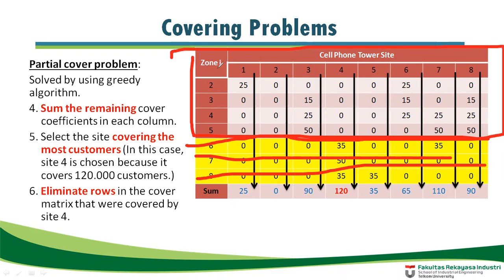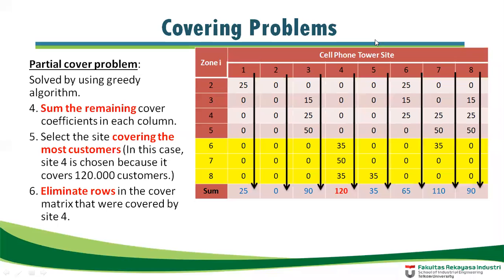So these remaining zones will be served by the towers in the next iterations. So it's very easy, right? Just do the calculations, sum the coefficients, find the largest, eliminate the rows, and everything will be so easy to do.